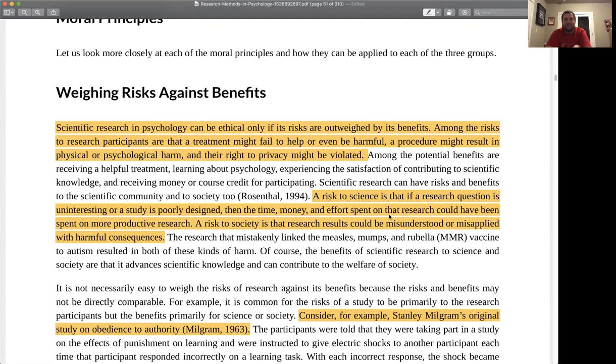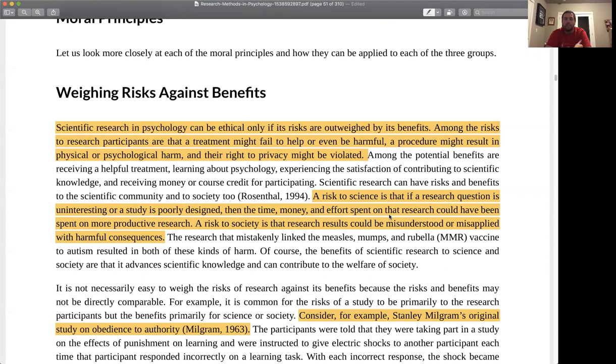I just really enjoy the way the textbook phrases that. When we look at science as a whole, and psychology is considered a science, we use a scientific method. We need to ensure that we are doing right by the field and putting together things that are actually worthwhile. It also mentions in there time, money, and effort.